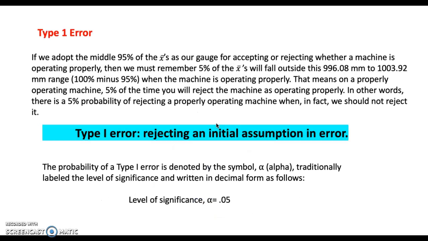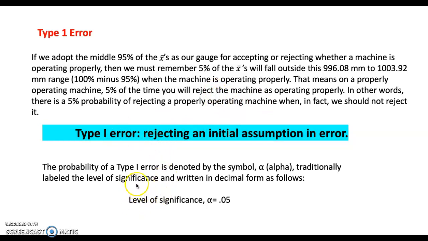But we adopt that the middle 95% of the sample average values are accepted, and for the 5% of the time, we are going to reject. In other words, there is a 5% probability of rejecting a properly operating machine when in fact we should not reject it. So this is called type 1 error.